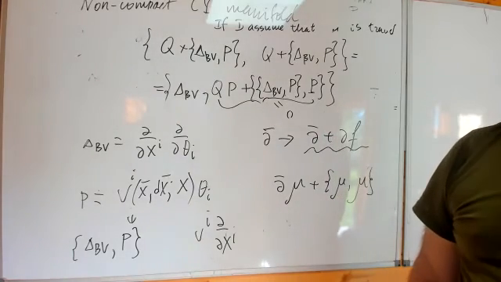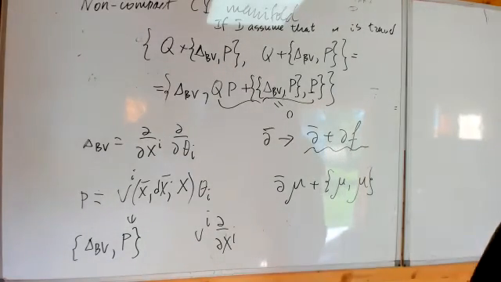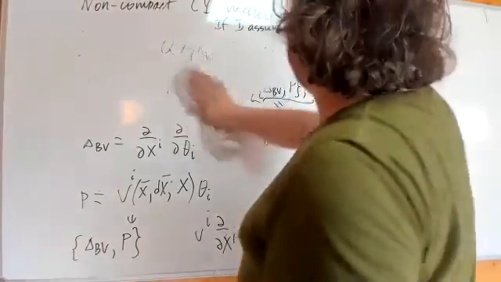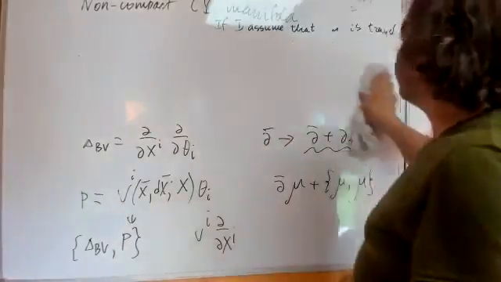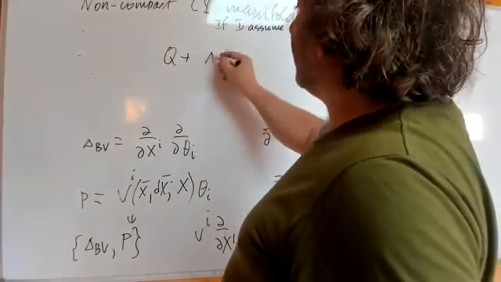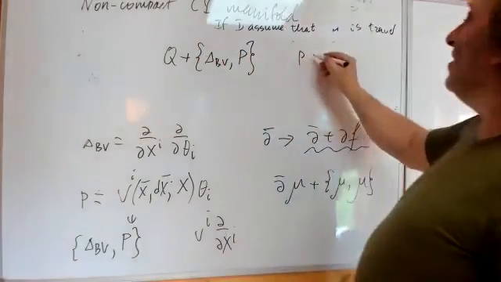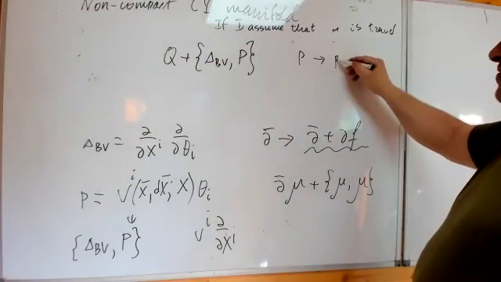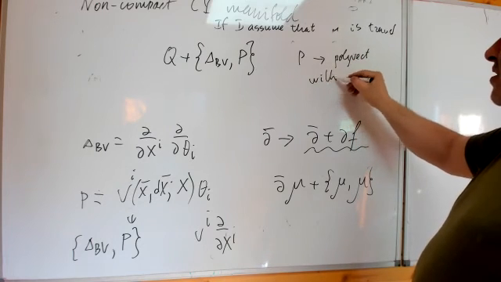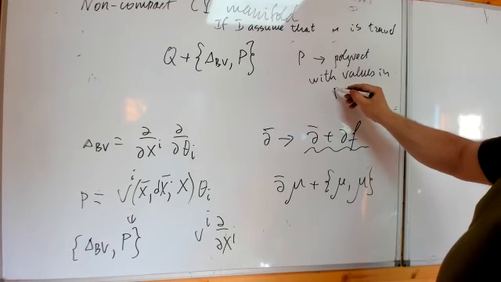So what is the most general form of deformation? The most general form is, of course, what I have written right now: Q plus delta BVP, where P is a polyvector with values in (0,q) forms.